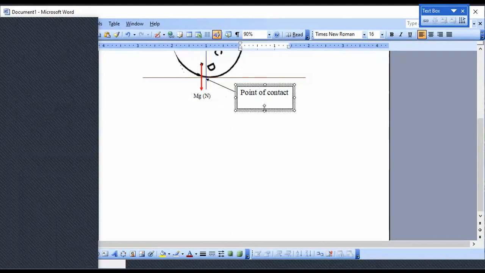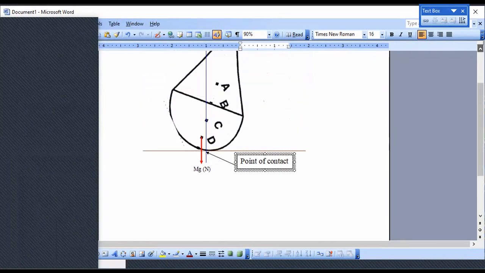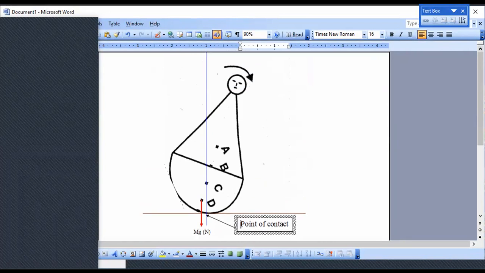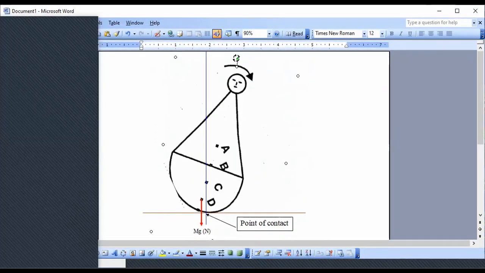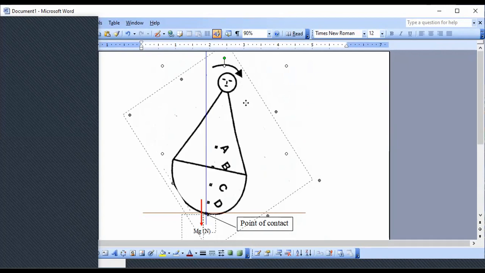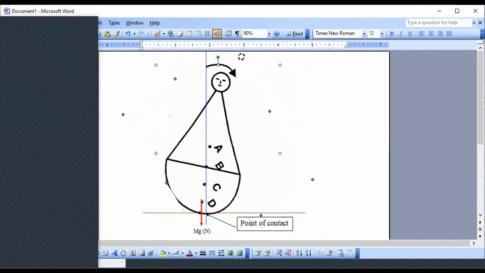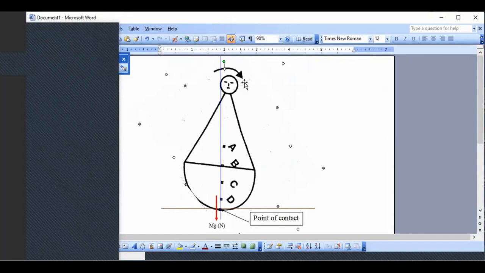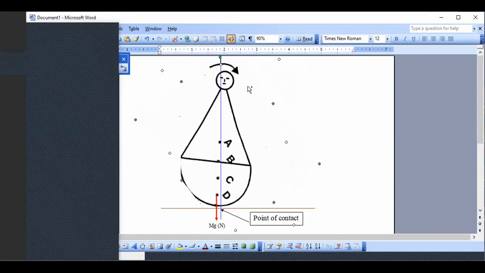Because of that moment, the toy will be rotated in the anti-clockwise direction and the toy will be vertical.